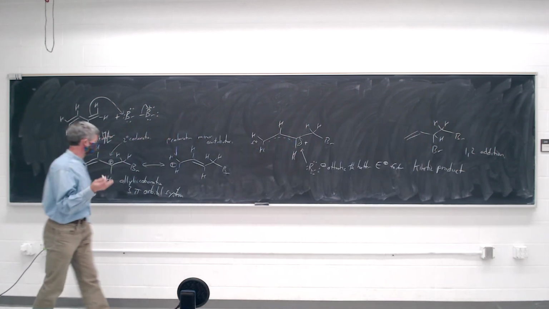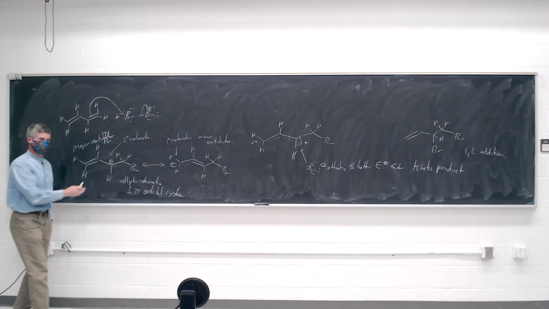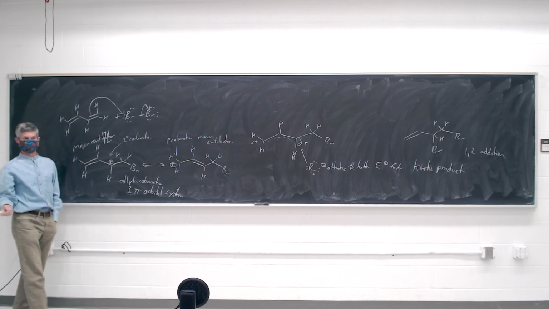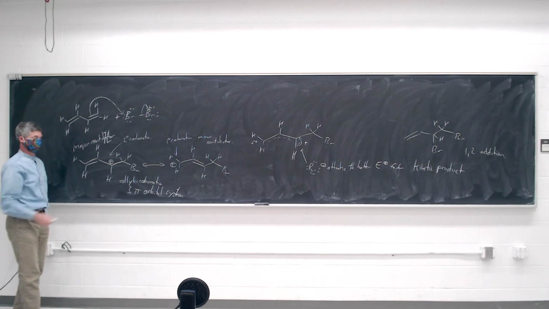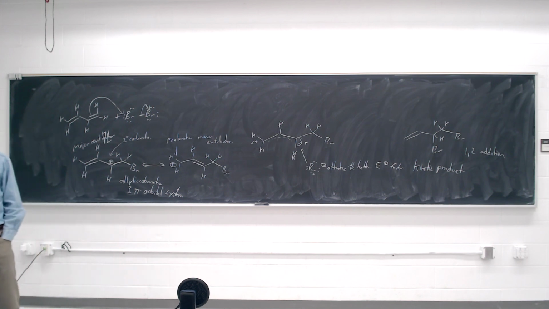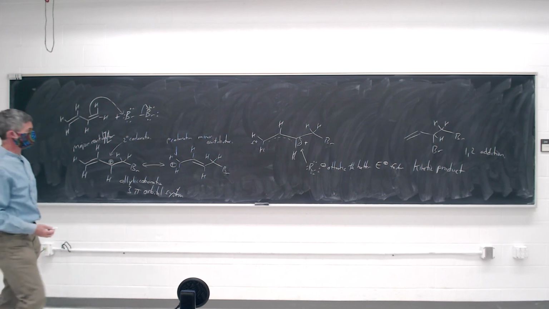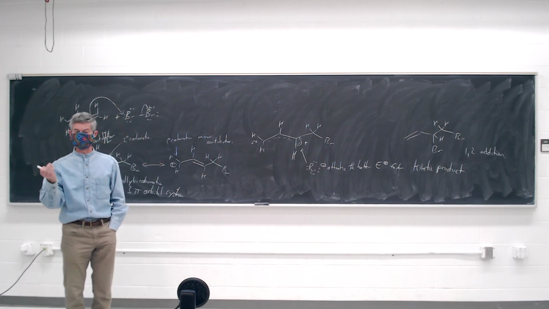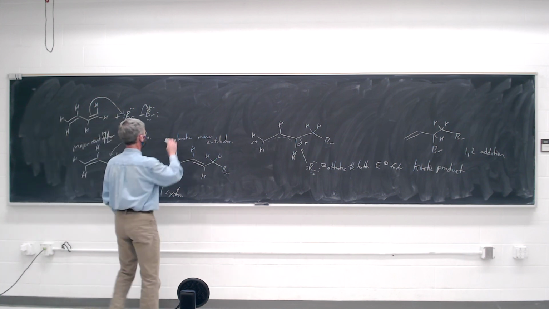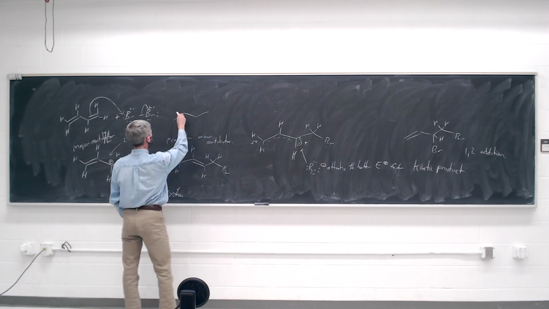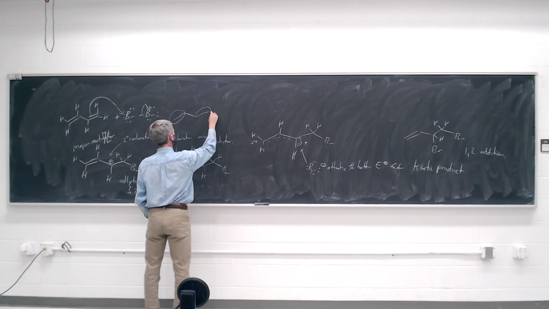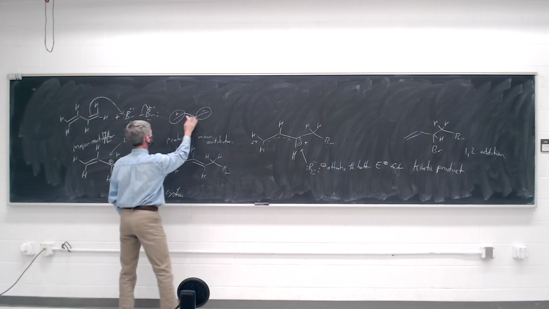Notice that the initial bromine always has to be attacked by an end. Because if you put the bromine on the middle, you have a primary carbocation that's not allylic, right? So you can't stabilize it. So the ends of the system are always the reactive part, not the center of the system. And that's actually because if you look at the orbitals in detail, the orbitals aren't completely symmetrical. The bonding orbital has more electron density at the ends and less in the center.